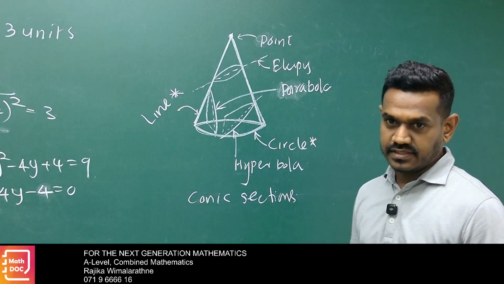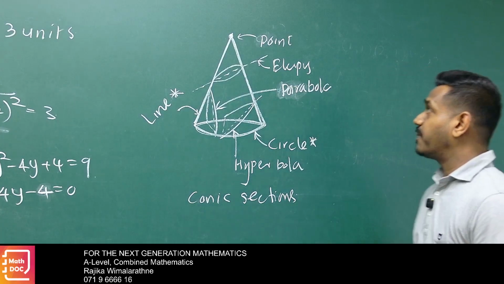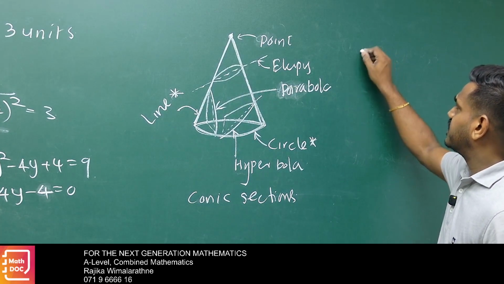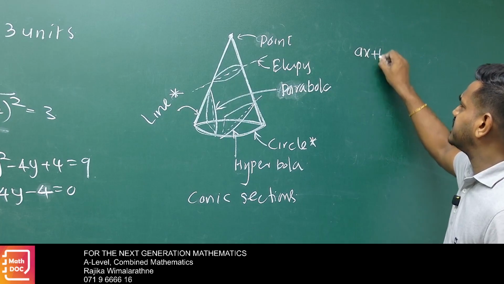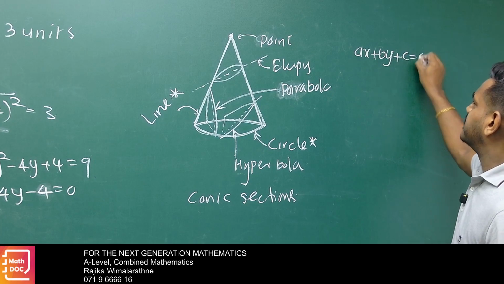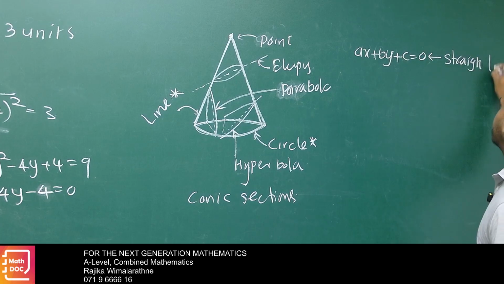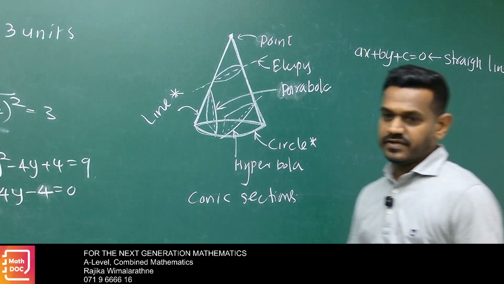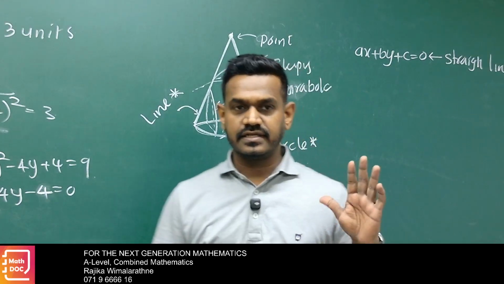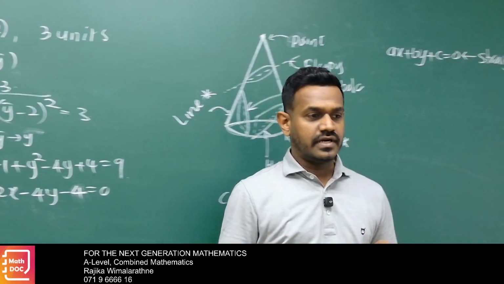You just remember here ax plus by plus c format. Here straight line. Ax plus by plus c format we call a straight line. So here we don't have any xy term.